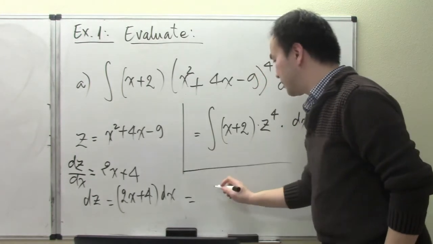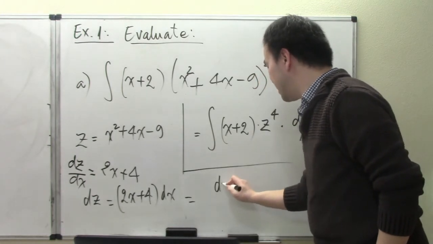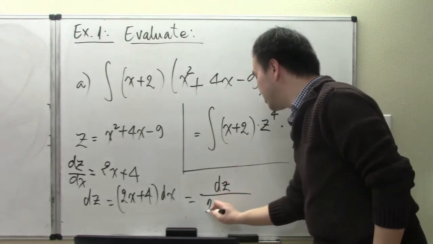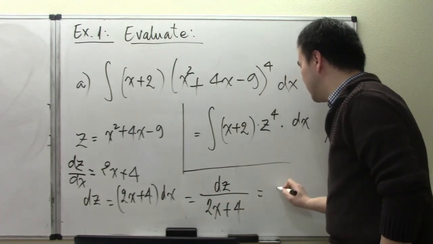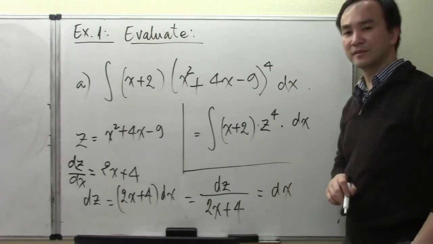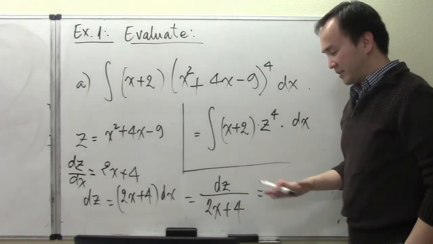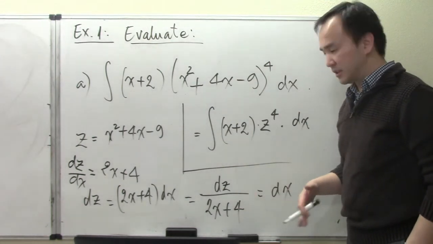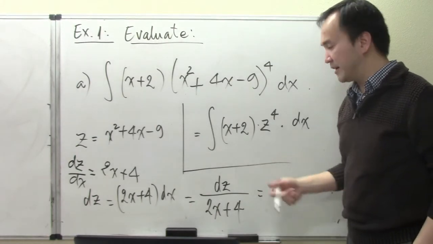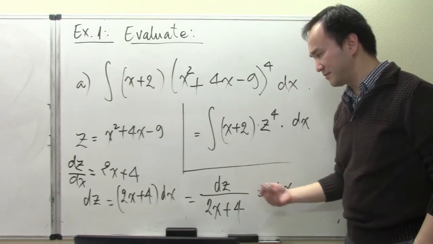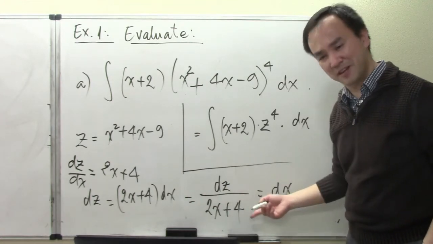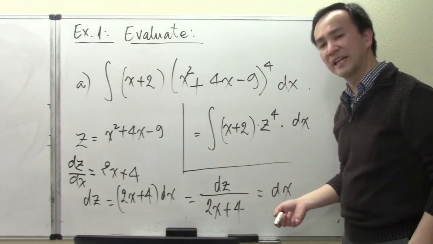That means dz over 2x plus 4 is equal to dx. If anyone viewing this video is already strong in algebra, you can fast forward some of the steps here if it's a little too lengthy for you.